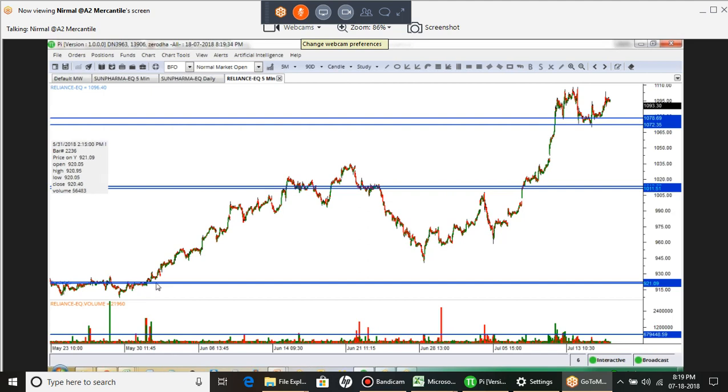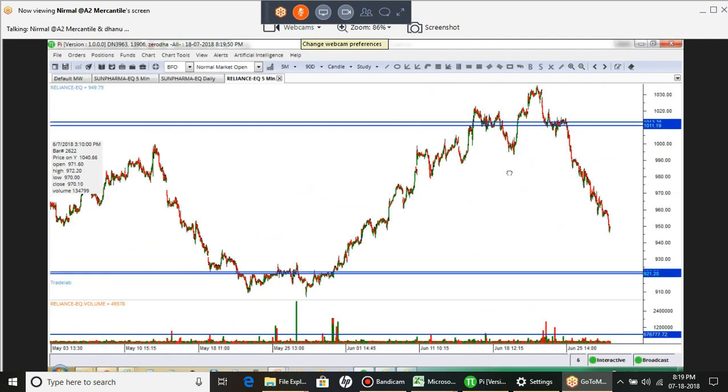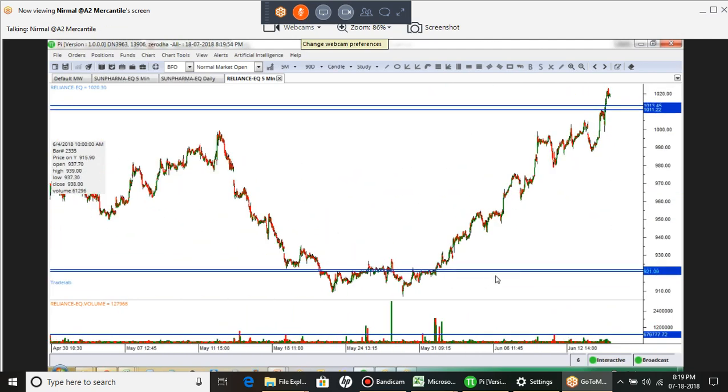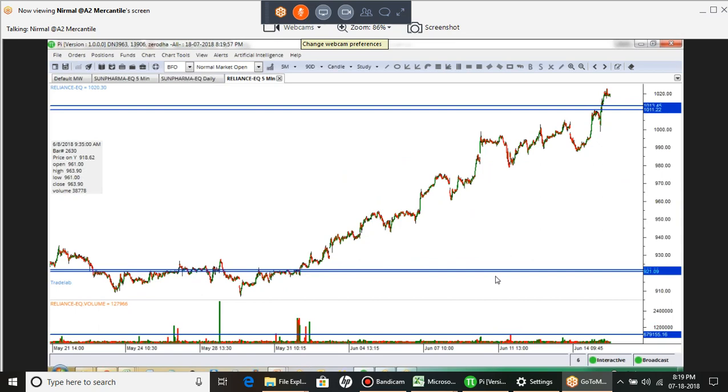But this was also a decent breakout. So it formed a significant support, whatever happened on 31st of May. This is a daily method of finding.